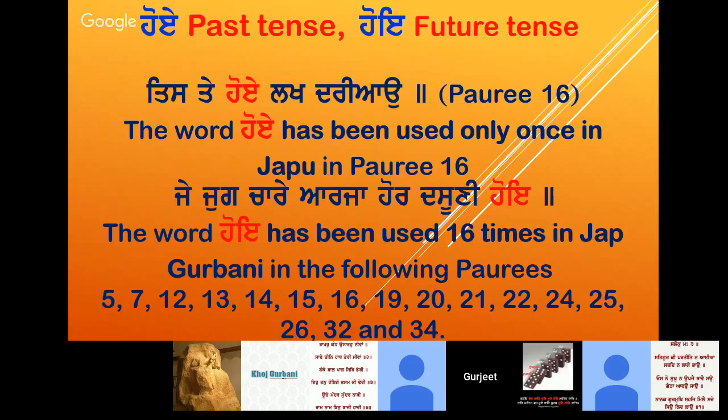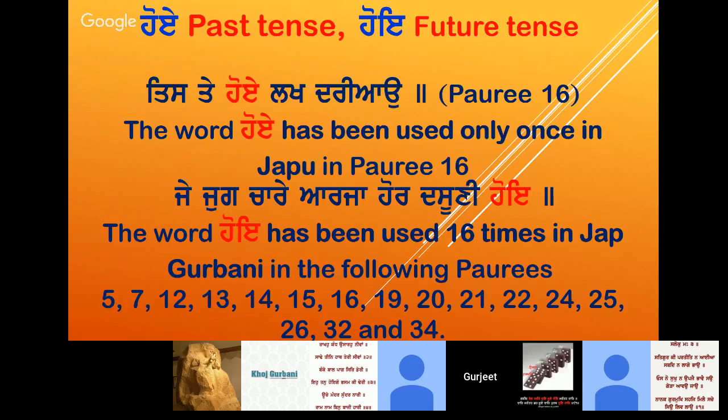Tiste hoye lakh daryao, which means past tense, already has happened. The word hoye has been used only once in Japji, Pauri 16, and that is tiste hoye lakh daryao, whereas the word hoy is used 16 times. Jai jug chare arja hor de suni hoy ho jaye. So that's a future tense.